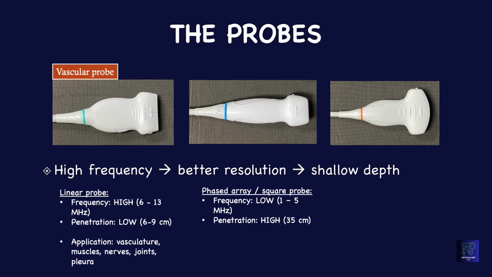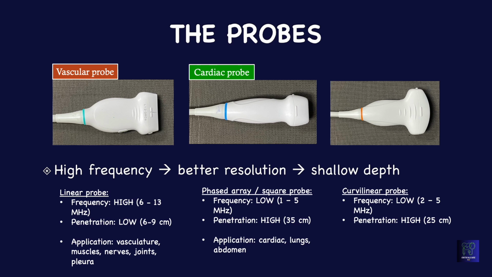It has low frequency, so the image resolution is not as great as a linear probe, but the advantage is it has excellent tissue penetration, making it ideal for evaluating deeper organs like heart, lungs, kidneys, etc. One special feature of the phased array probe is that it has crystals that can generate waves in different directions and collect data from fast moving organs like the heart, making it ideal for assessment of cardiac structure and function. It can be used to evaluate any thoracic or abdominal organ. This probe is also known as the cardiac probe.